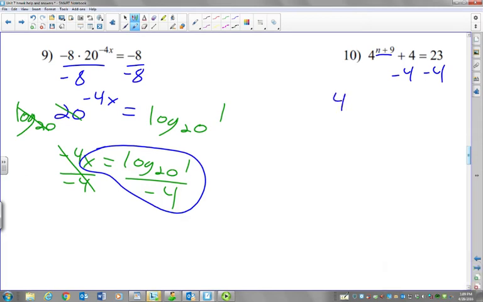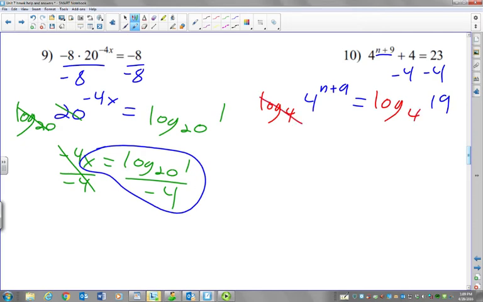So then we get 4 to the n plus 9 is equal to 19. In order to get that base 4 out of the way, again, we simply log base 4 both sides, like that.